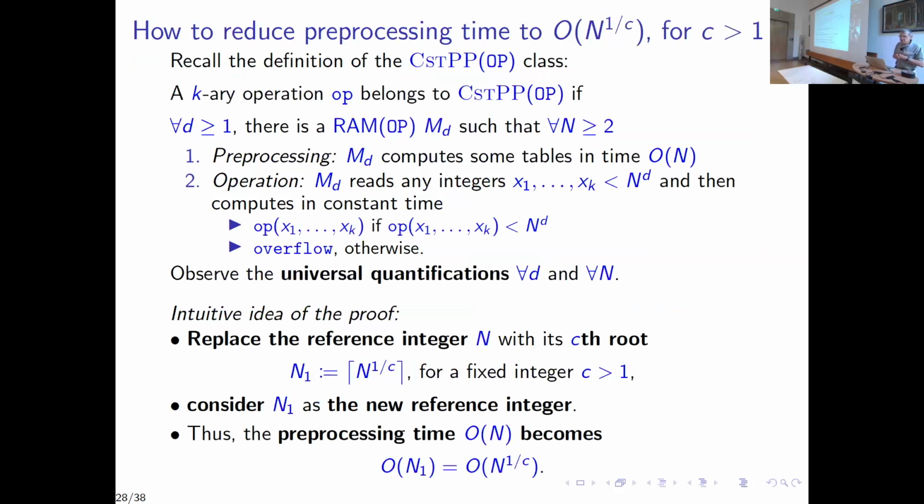How to reduce preprocessing time to square root, maybe the most important result. We have to recall the definition of what it means to be constant time.